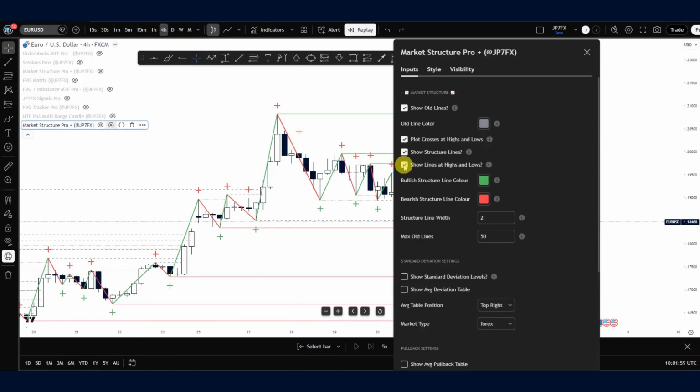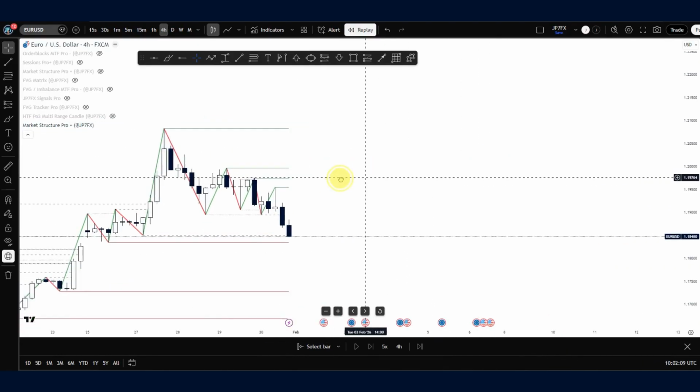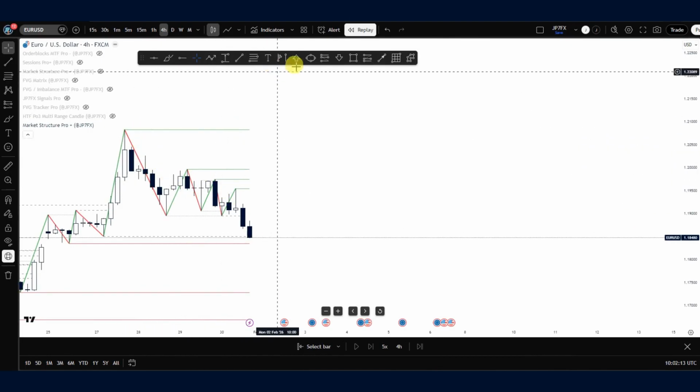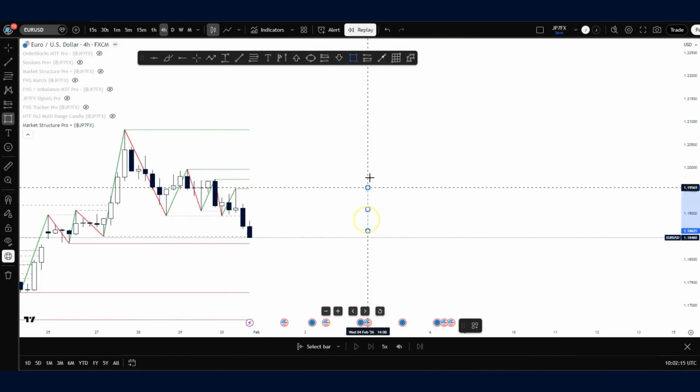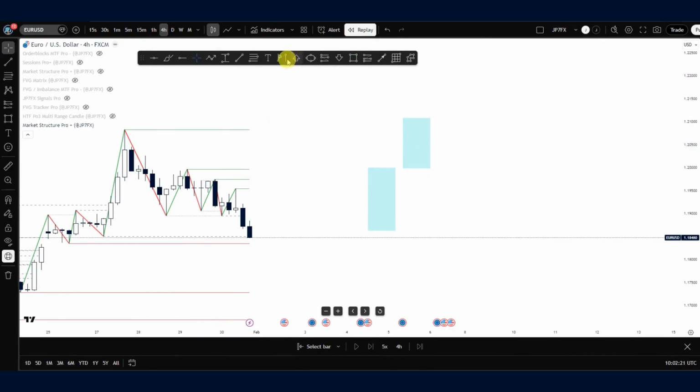The way the structure lines actually work is they don't print until after a 3-candle formation. If you're using this indicator, or you understand structure, you should understand that it does take 3 candles.